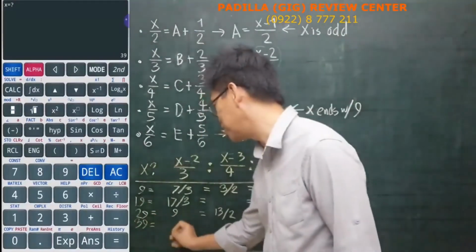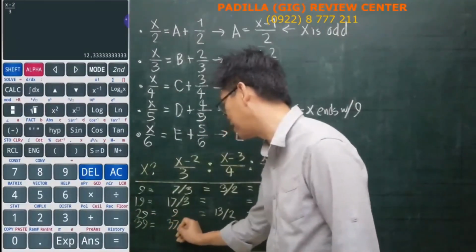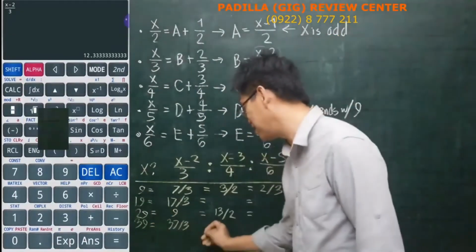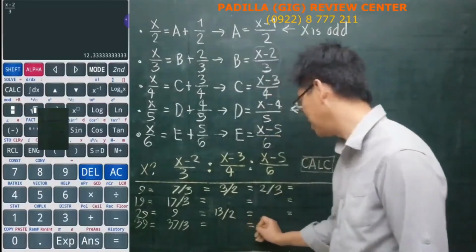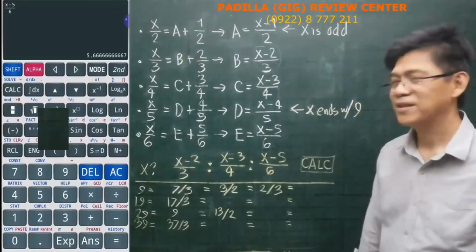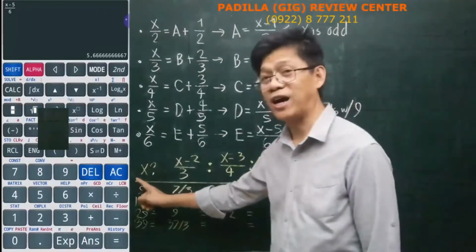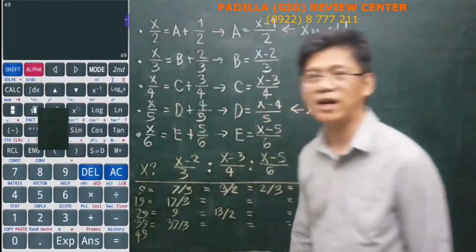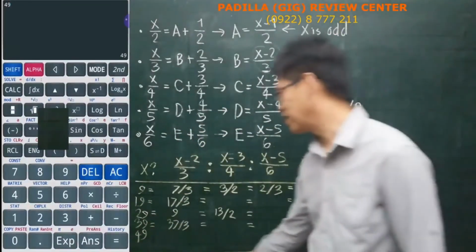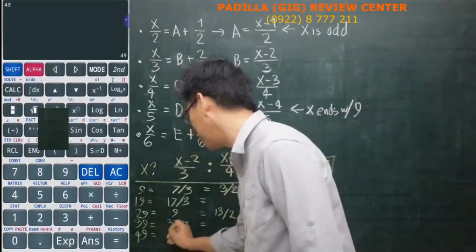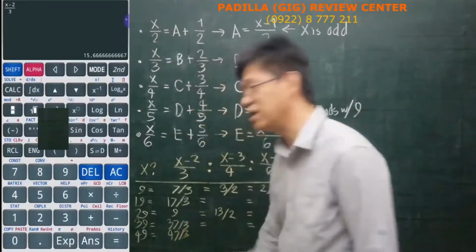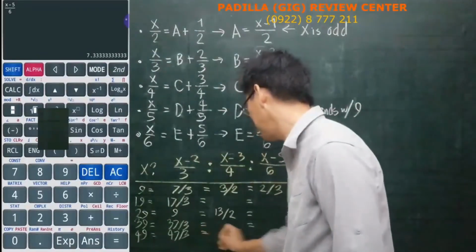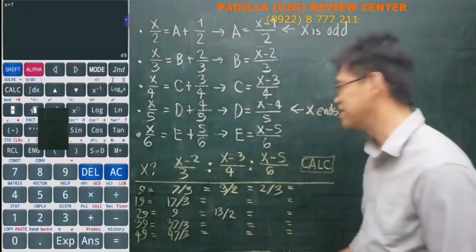Your calculator displays 37 over 3. That is not a whole number. So, 39 is rejected. Equals, equals, equals. Your calculator asks another x. Try 49. Your calculator displays 47 over 3. It's not a whole number. Press equals, equals, equals.